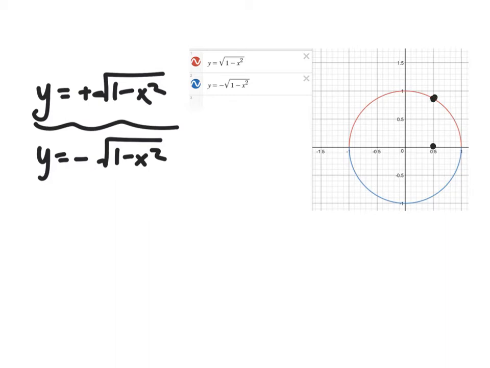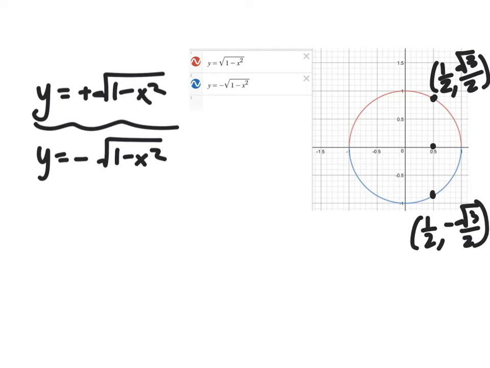When I plug in 1/2, and I know this, but you don't, just trust me that the y value is the square root of 3 over 2. I know that from my trigonometry. But if I plug in 1/2, I also get the negative square root of 3 over 2. Okay, I get two y values when x is 1/2. That's why we don't have a function.